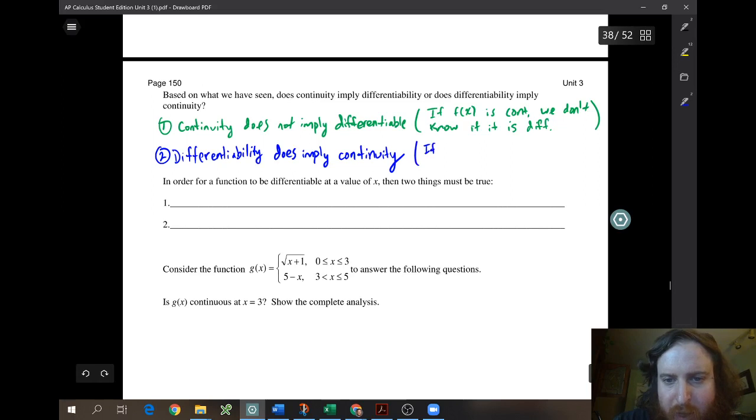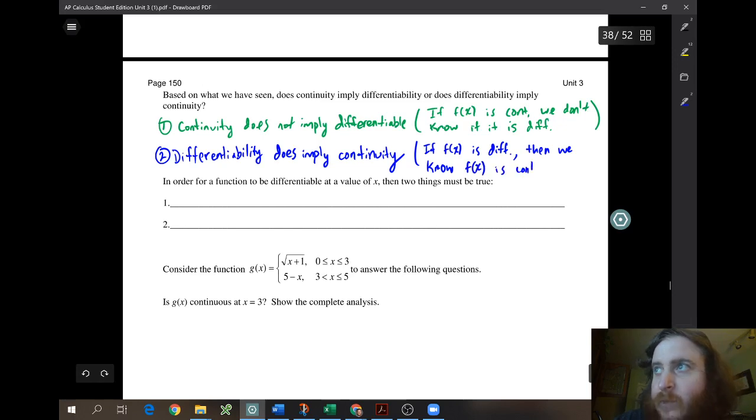So if f of x is differentiable, then we know f of x is continuous.